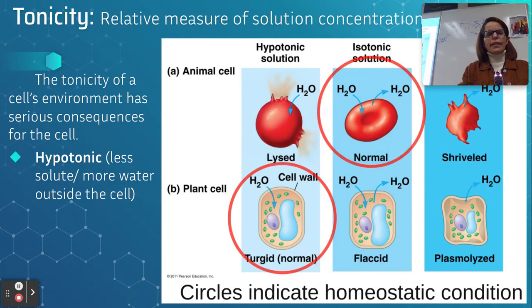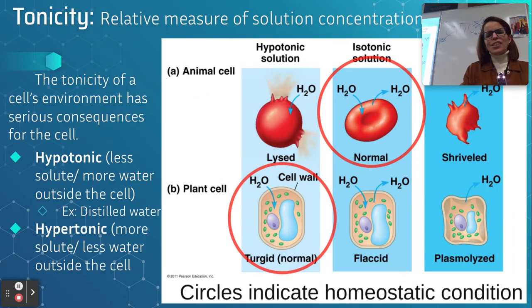All right, and then tonicity. Do you guys remember this? Isotonic is what we want. We want our blood to be isotonic. Water will enter and water will leave at an equal rate, and so our blood cells stay the same size.